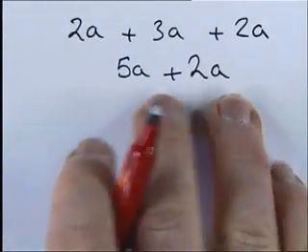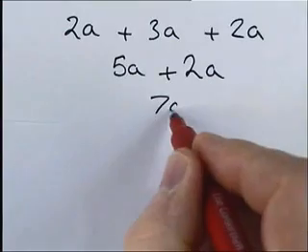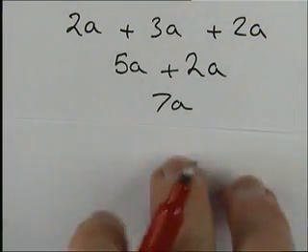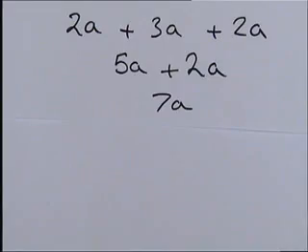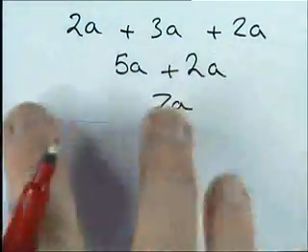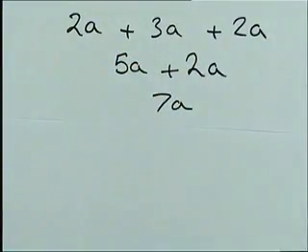And then 5 lots of a plus 2 lots of a is 7 lots of a, or 7a. Remember, we don't put the multiply symbol between. That is the same as a plus a plus a plus a plus a plus a plus a, 7 times. If you add all those a's together, you have 7 of them. There's 7 lots of the unknown a.